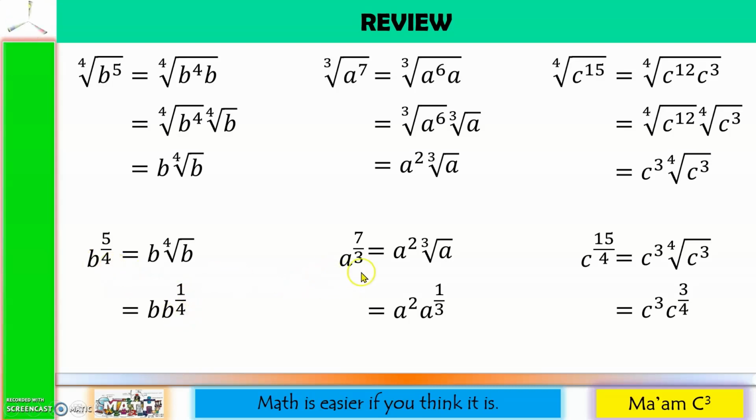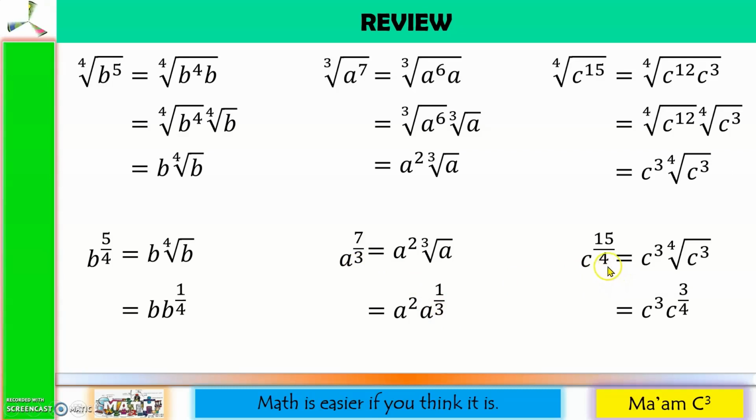Let's try it here. How many 3s are there in 7? There are 2. So here it is, a squared. Now, how about what is left? So 2 times 3 is 6. And 7 minus 6 is 1. So here it is. Copy over 3. Let's try it here.